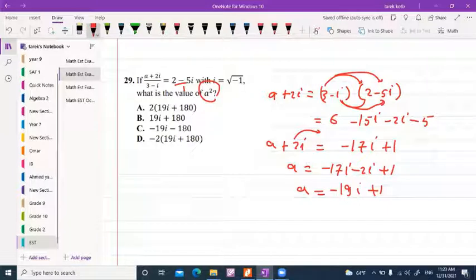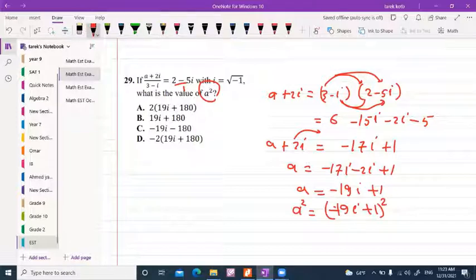So it will be negative 19i plus 1, squared. Okay. If you remove the brackets, I want to solve this. Square the first. It will be 19 times 19, 361.